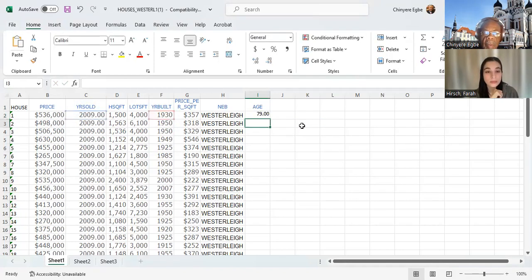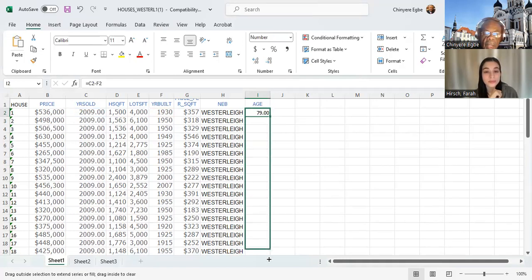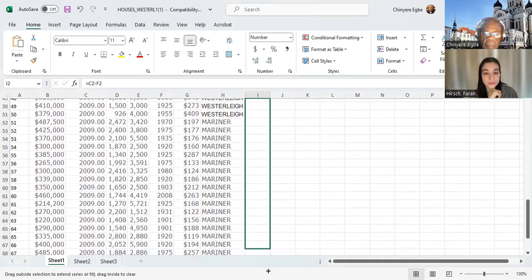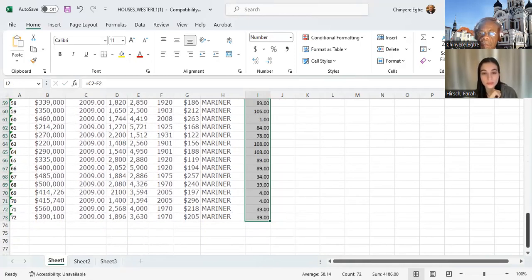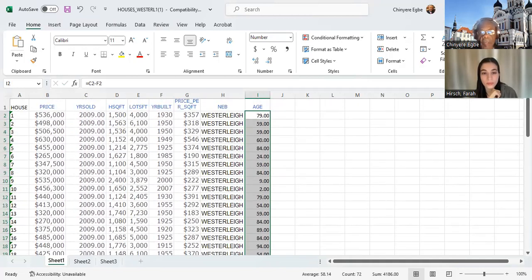So you get that age and then you drag down. Okay, so that's the age. Now we're creating another column with the age of each house. The age is going to be year sold minus year built. Okay, so C1 minus F1. Yes.